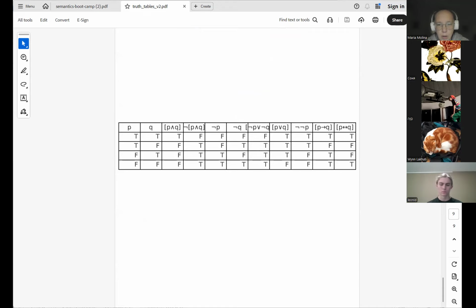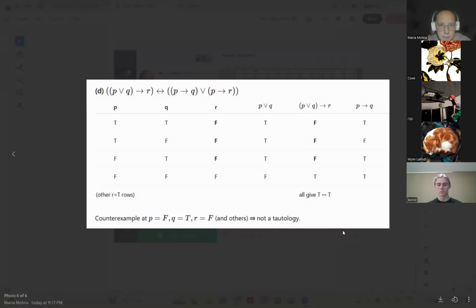If P is true and Q is true, why do we have R false?